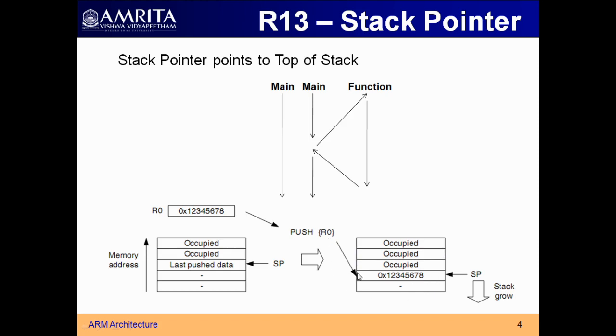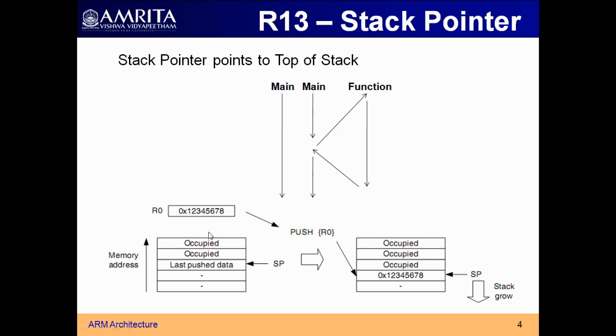And to which location in that stack I should store? To the point where stack pointer is pointing to. So the address location where the stack pointer is pointing to is known as top of stack. So wherever stack pointer is pointing to that location only you will be storing the intermediate result.